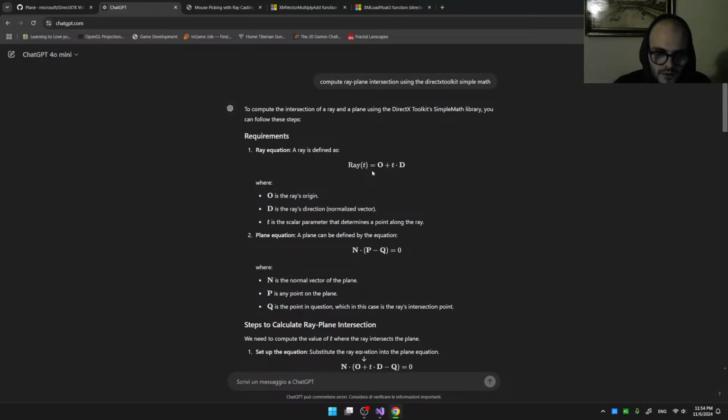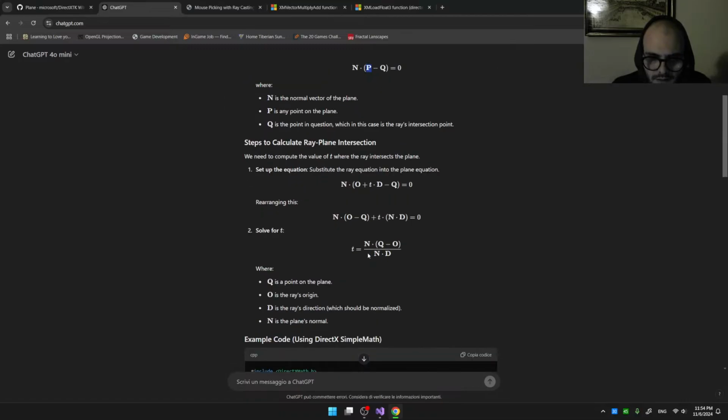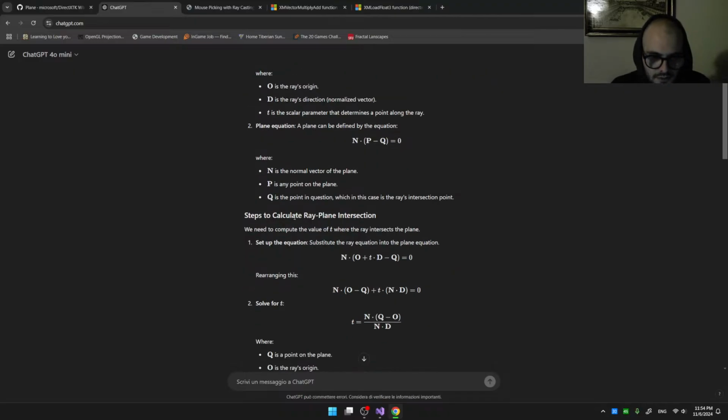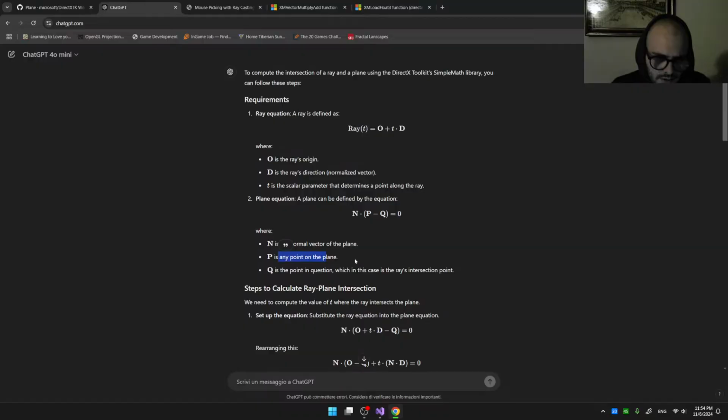So P of t would be this equation, which is useful to find all the points on the ray, on the line. We substitute this in this. This is our variable here. The normal and the Q are given. Sorry, P is any point on the plane.